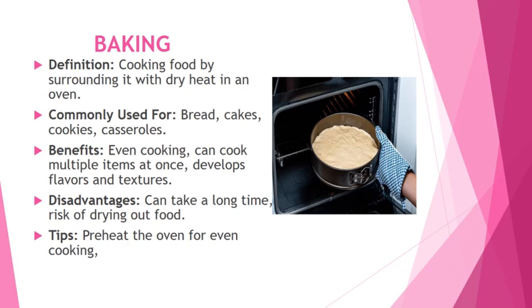Number 2, we can cook multiple items at once. This is whereby we can place a number of items in an oven and cook them at once. Then the last one but not least, it develops flavor and texture. This is because the food has the right time and the right temperature to cook.